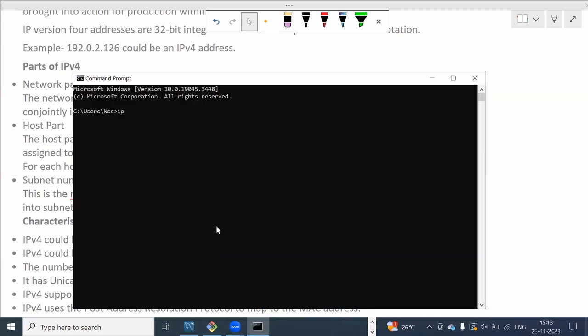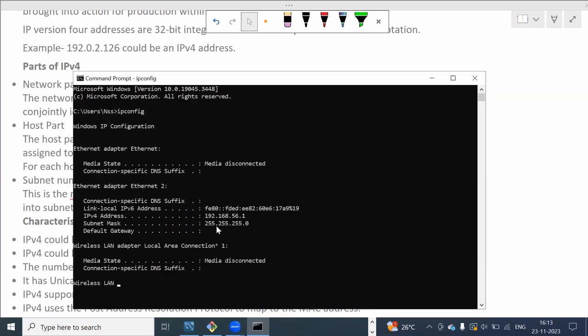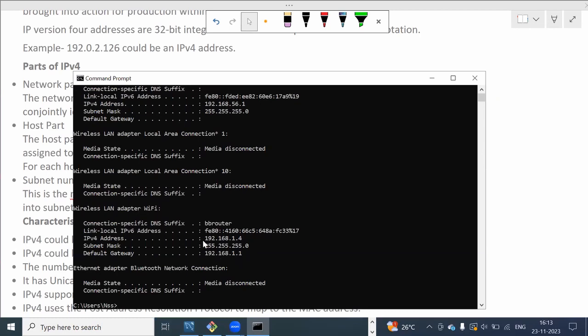Again, do ipconfig. You got it. Here, if you see, 192.168.1.4 is my IP. If I check the IP address of another device which is connected to my Wi-Fi, it might be 192.168.1.5. So you may ask what I want to prove here.